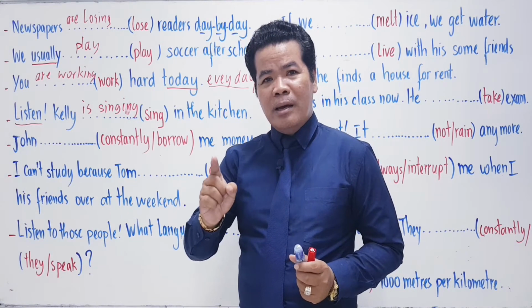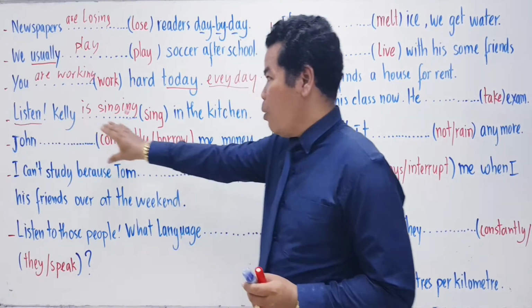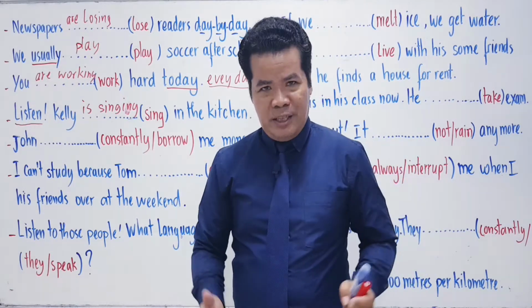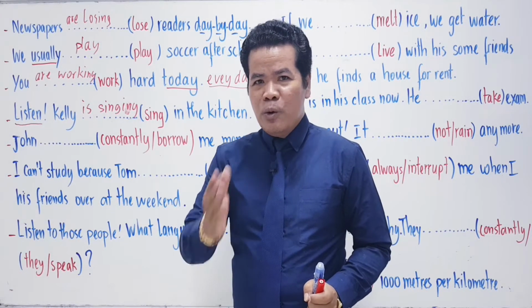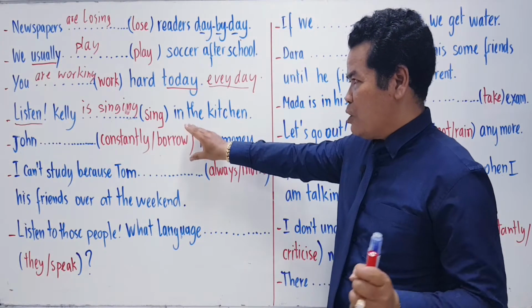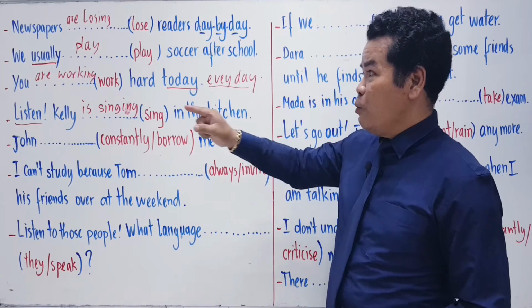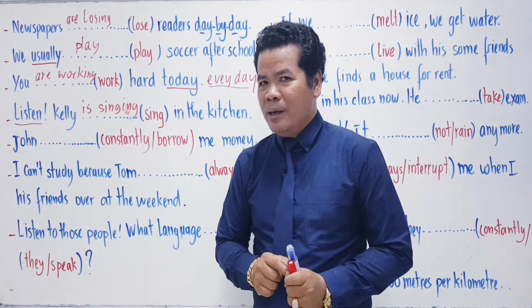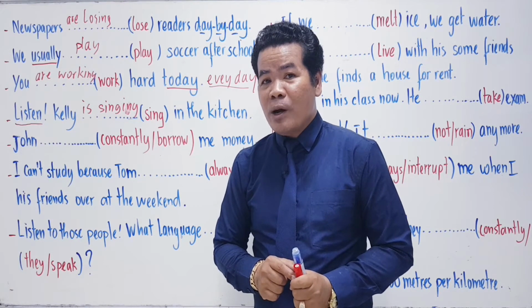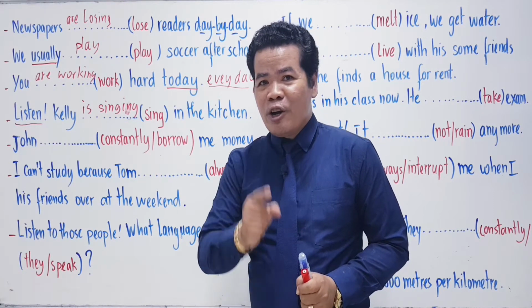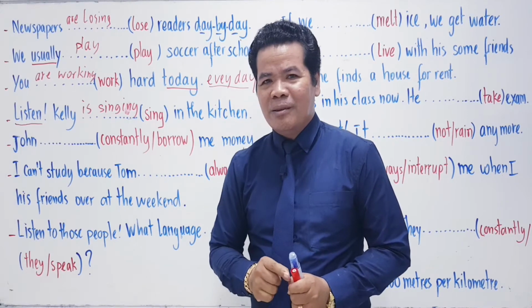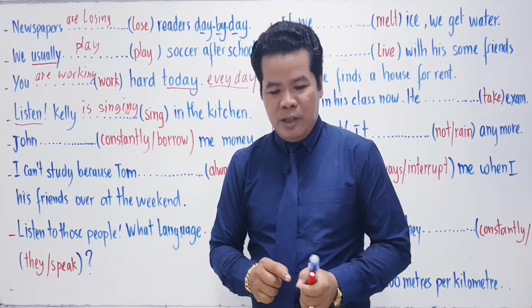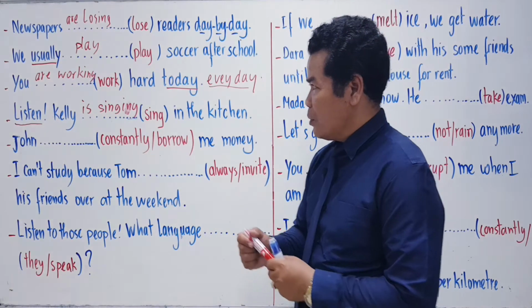Try to finish the whole sentence with confidence. Do not just take a look in a very short time and then change it to present progressive without thinking about the spelling. This is 100% wrong if you get one mistake in that sentence. So try to look at it again.